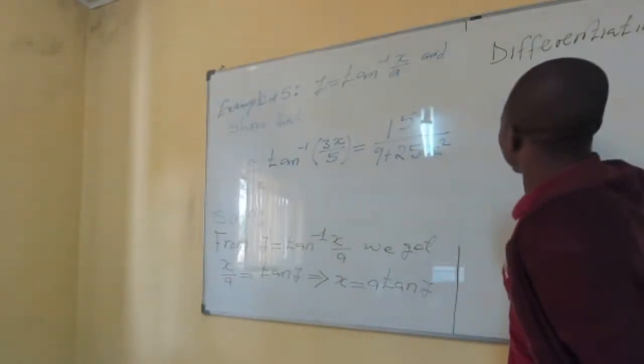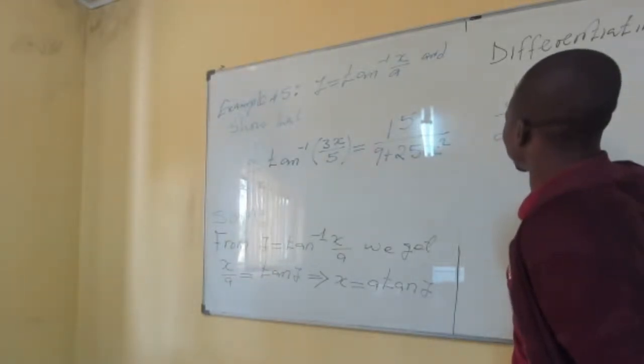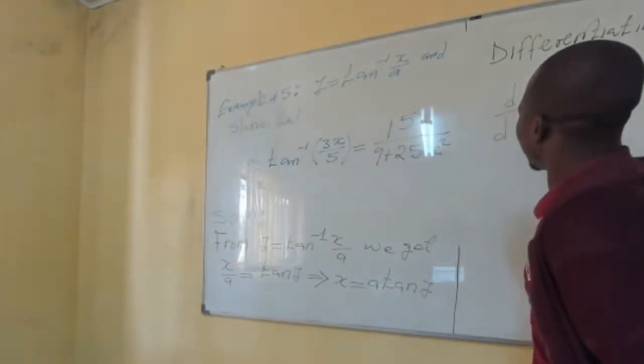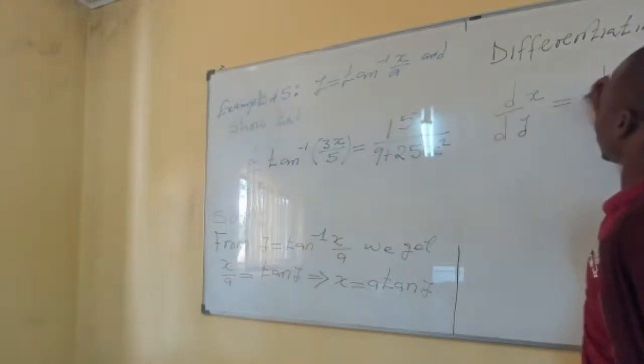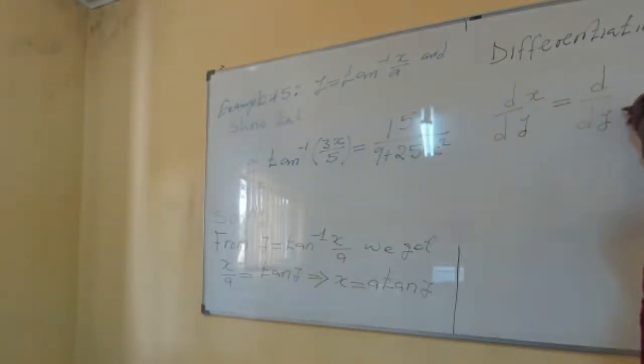That is the derivative of x with respect to y, which is equal to the derivative with respect to y of a tan y. But remember that a is a constant. So this is just the same as a times the derivative with respect to y of the tan of y.